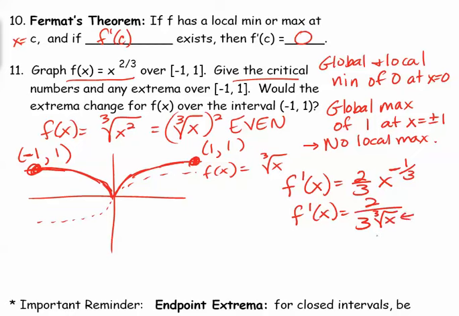So notice that at 0, f prime of x is undefined. F prime of x is undefined at x equals 0. F prime of x is never equal to 0, though. So our only critical number would be 0.